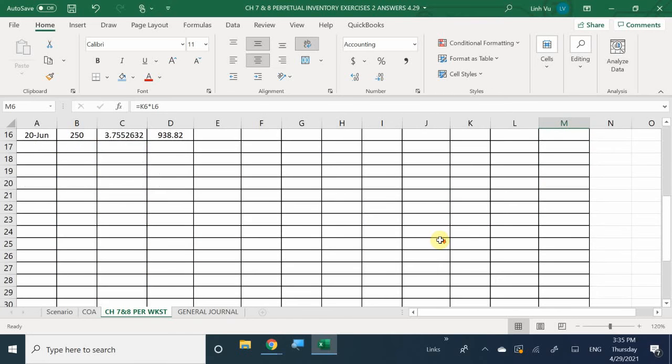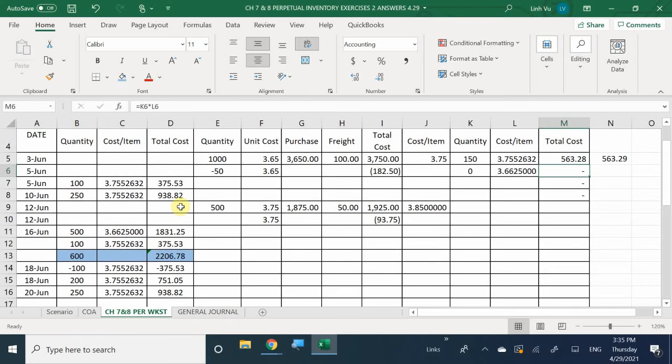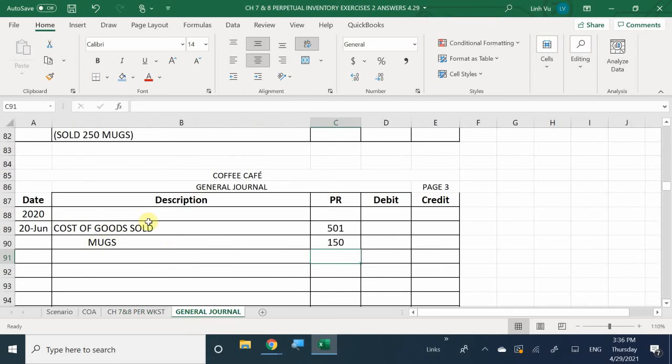So now this is where I need to be able to journalize this, which is my 938.82. So let's go to my general journal. Here I am. Cost of goods sold is 938.82.